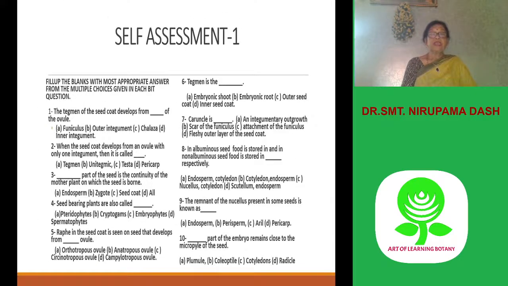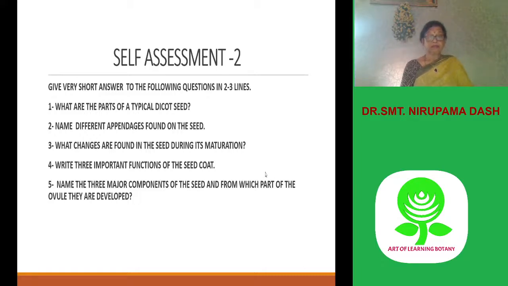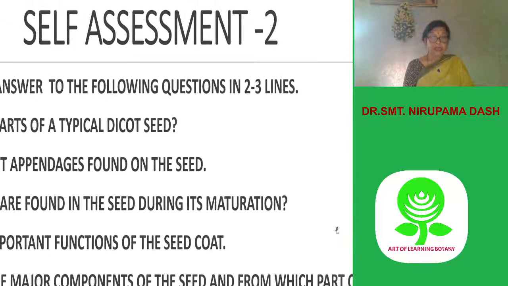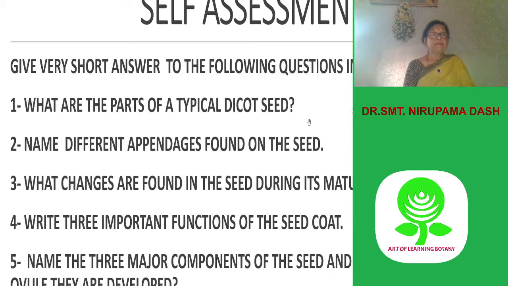Then coming to the next assessment, give very short answers to the following questions. Here the first one is, in 2 to 3 lines, what are the parts of a typical dicot seed? The parts of a typical dicot seed are seed coat, embryo, cotyledon, endosperm, micropyle, raphe.